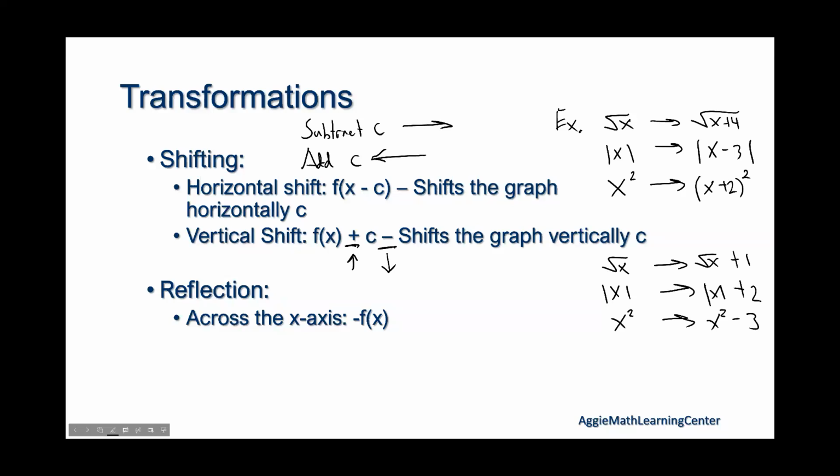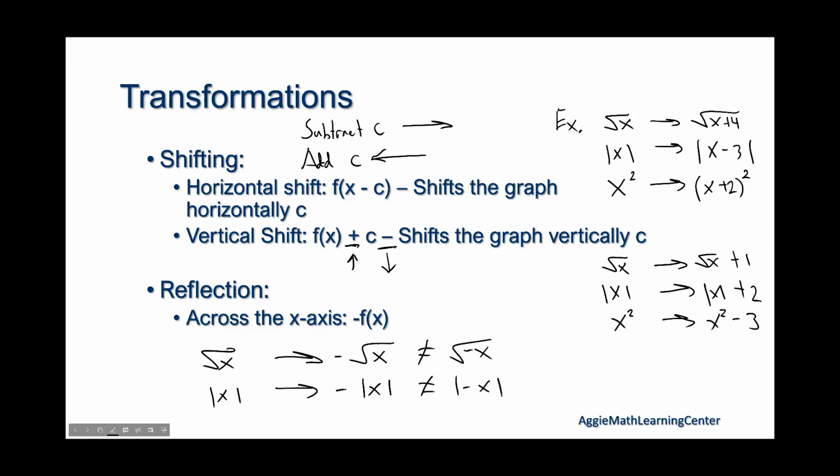Then the other type of transformation that we cover is across the x-axis. So if we reflect across the x-axis, we are essentially going to negate the parent function. So if you want to reflect square root of x across the x-axis, you're going to make it the negative square root of x. Absolute value of x, negative absolute value of x, which is not the same as sticking it inside.